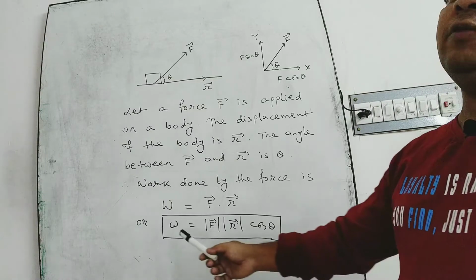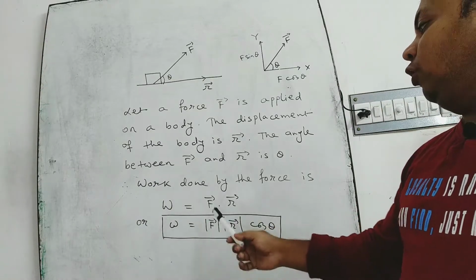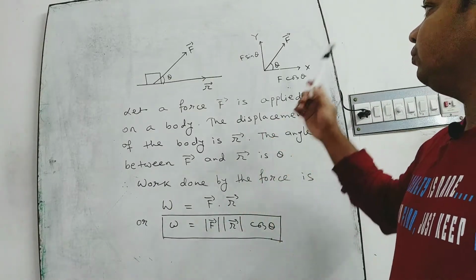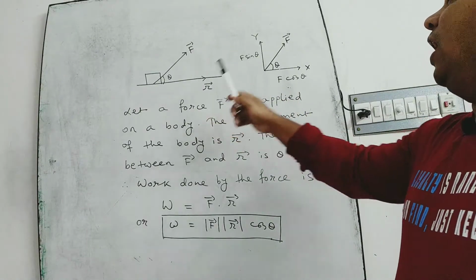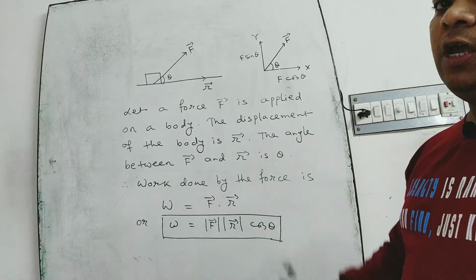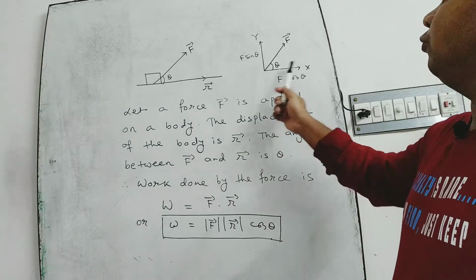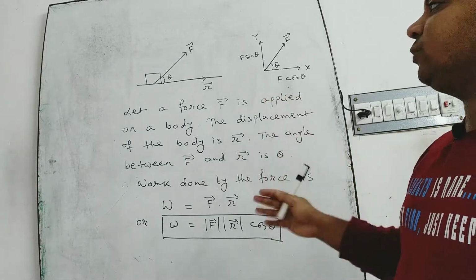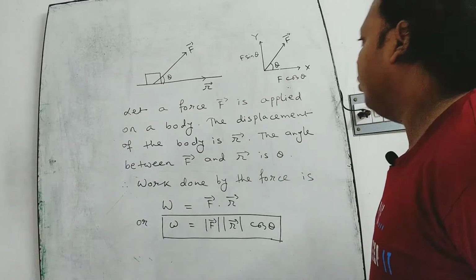Therefore, the work done by the force on the body is the product between the displacement of the body and the component of the force which is responsible for displacing the body.